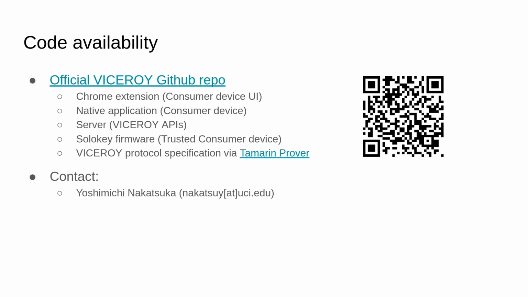So the reason why we wanted to use this is because we know for a fact that this is going to be our most resource-limited, least powerful device. So the latency that we see here is 1.3 seconds. That's probably as high as it gets. So once you start to use your phones or your laptops, then the latency would definitely go down. And the unique part of VICEROY is that the trusted consumer device does not have to be a separate device like this.